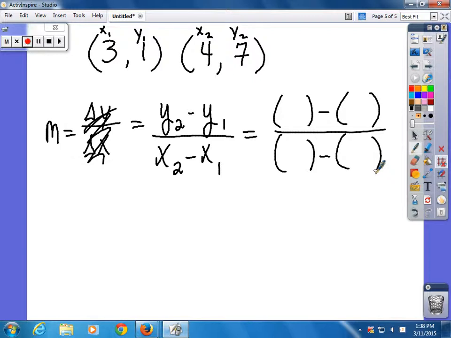Now why do I say draw 2 sets of parentheses? Because signs, plug and chug, that's right. And what are the 2 things that are going to hinder you with plugging and chugging? Signs and fractions. So that's why.